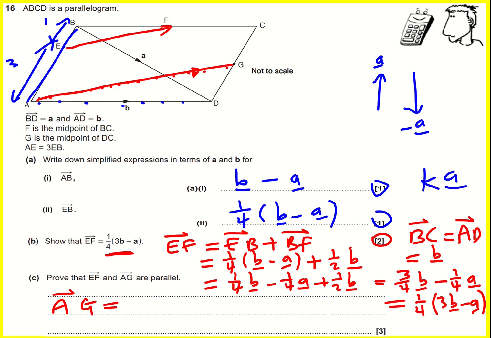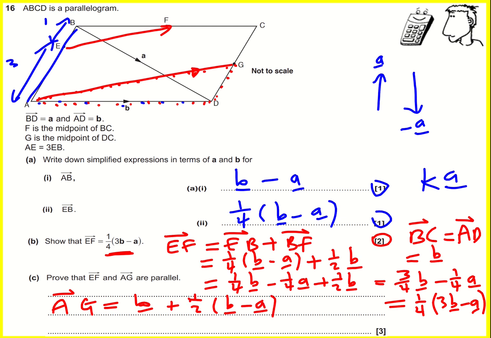AG is going to equal B, because I can go from A to D. But then I want to go from D to G. Now G is the midpoint, so I'm not going to go all of AB, I'm going to go 1/2 of AB. So it's going to be 1/2 of B minus A.